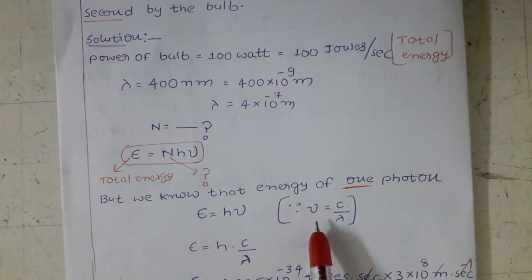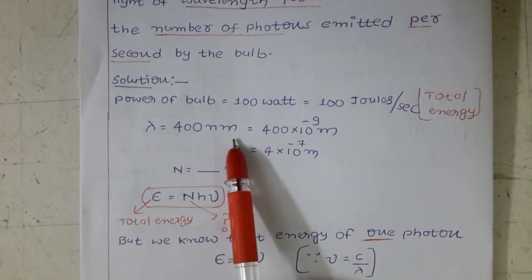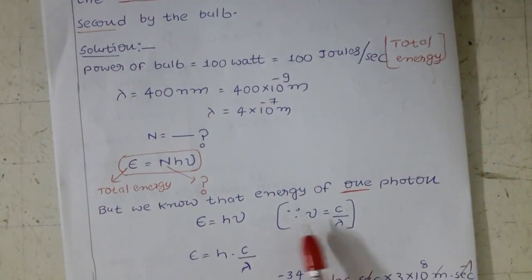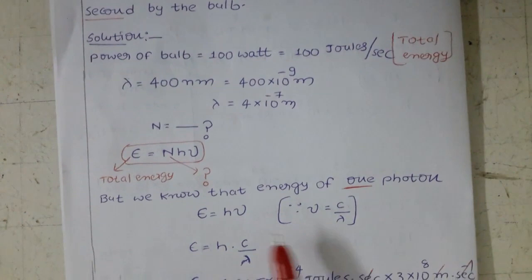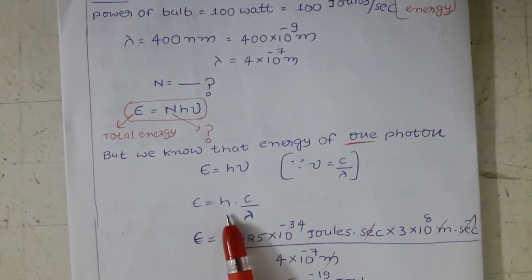Okay, so we know very well mu is equal to c by lambda. Why do we have to use this? Because in the data they gave the lambda. They didn't give the frequency. So to get the value of mu, mu is equal to c by lambda. H is the Planck constant.